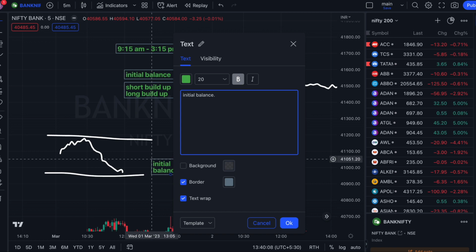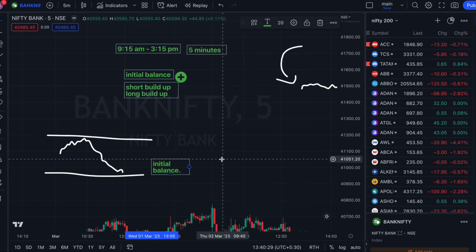Because the initial balance formed in the first 90 minutes of the market is important for the rest 5 to 5.5 hours of the market. Based on the initial balance, the rest of the market is kind of dependent. So this is what we call an initial balance.